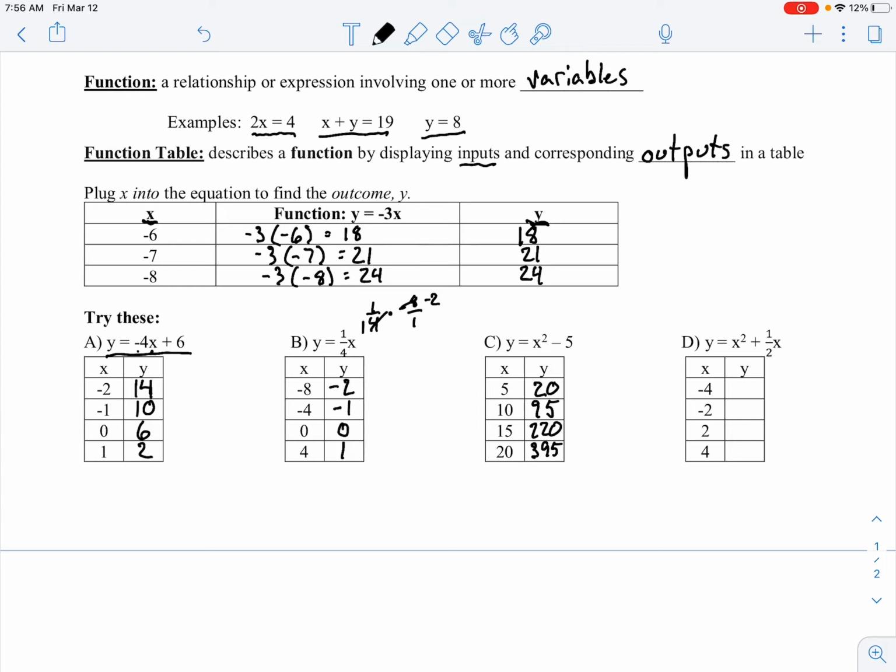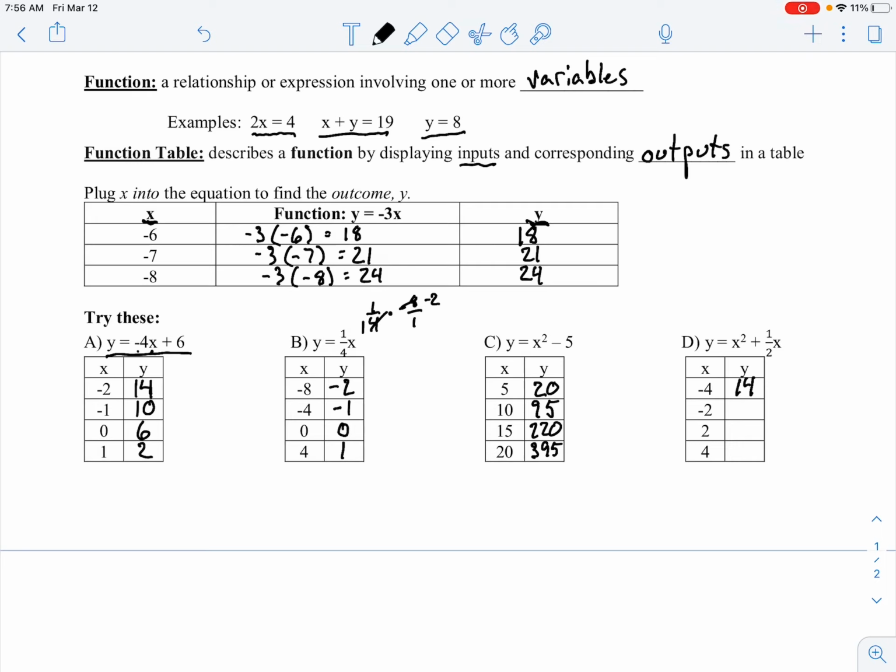So, -4 squared, that'll be 16, and then half of negative 4 is negative 2. So 16 plus negative 2 is going to give us 14. Negative 2 squared will give us 4. Half of negative 2 is negative 1.